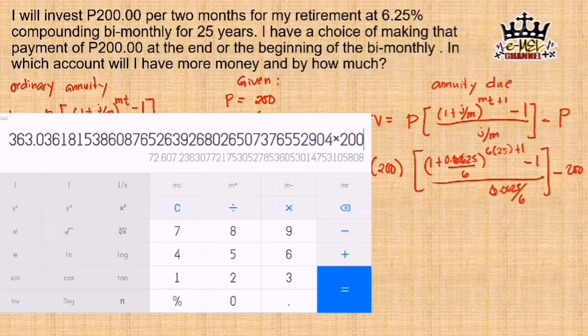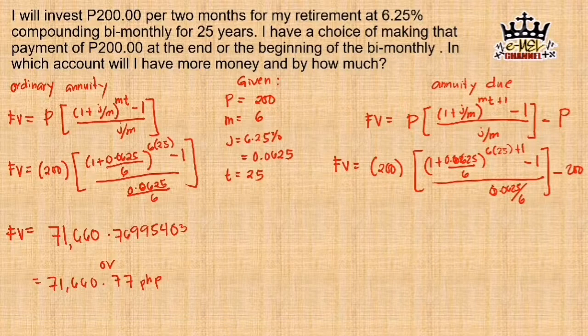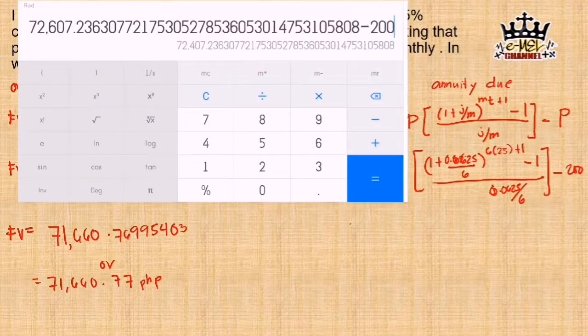We now have 72,607.2363 and so on. Then subtract 200. The result is 72,407.23630772.